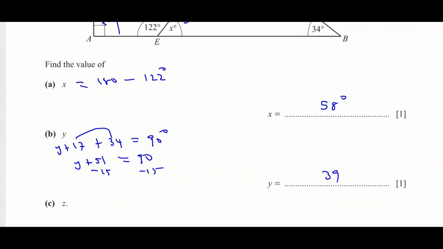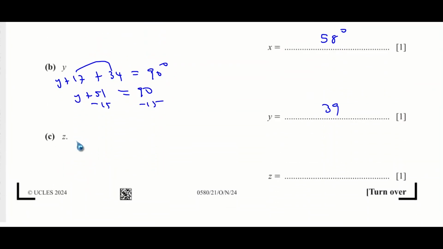Alternatively, angle d will be equal to 270, the total angle, minus 39 degrees, angle y, then minus 122 degrees. So this will give us angle d to be equal to 109 degrees, but we need z.